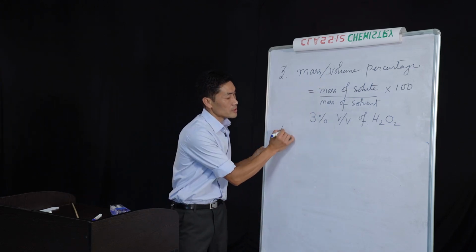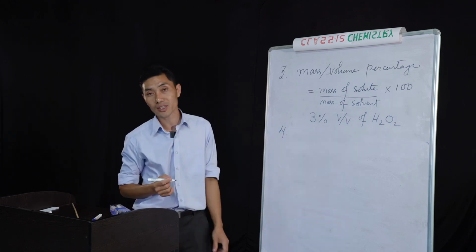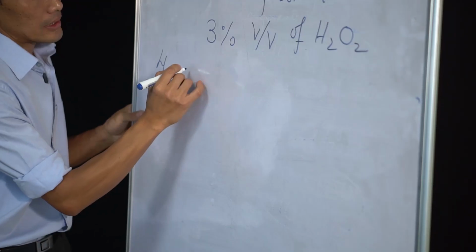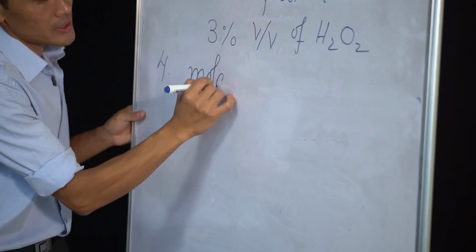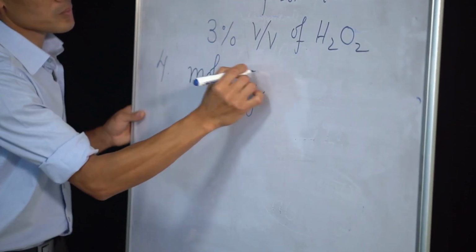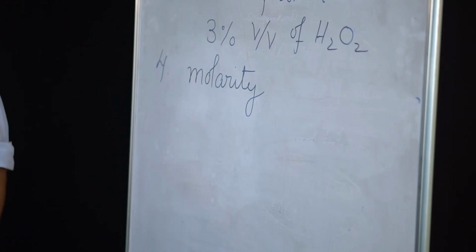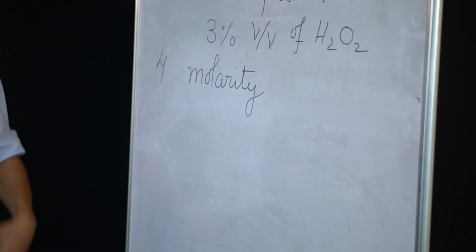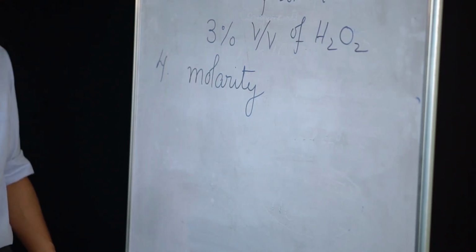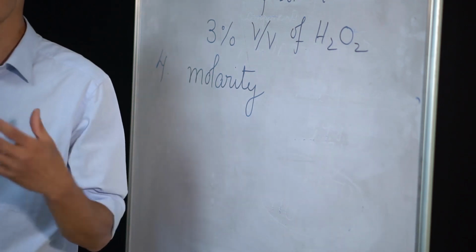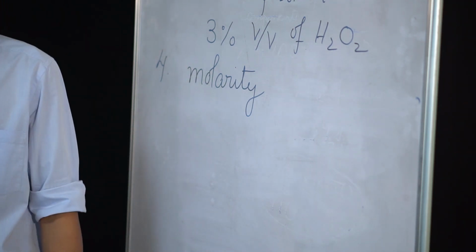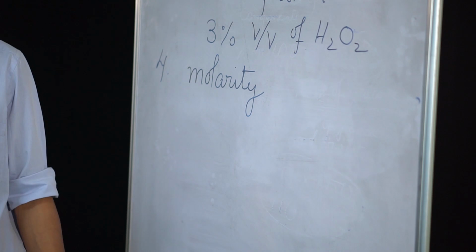The fourth method that we have for expressing concentration of a solution is molarity. So what is molarity? Molarity is defined as the number of moles of the solute per liter of solution.